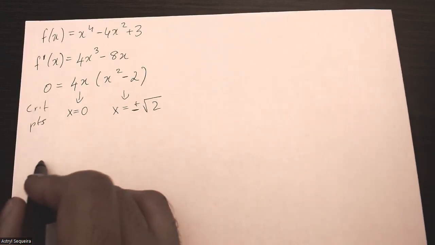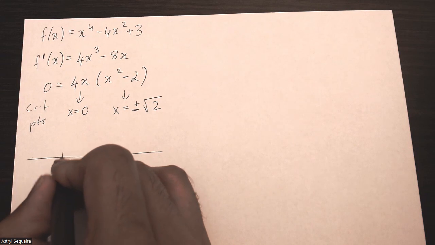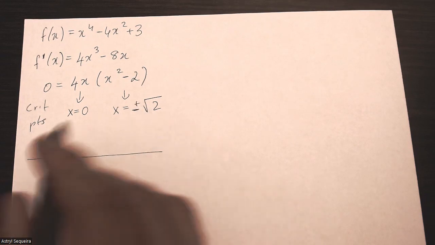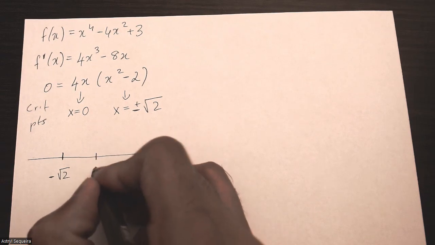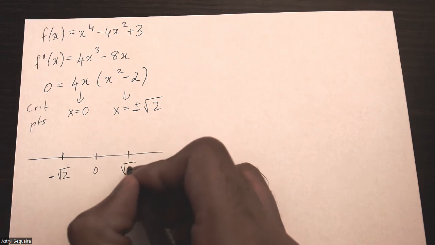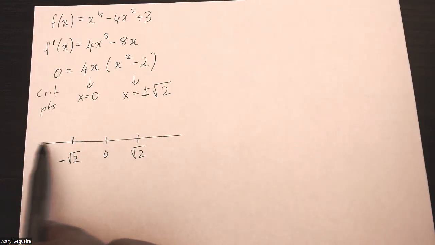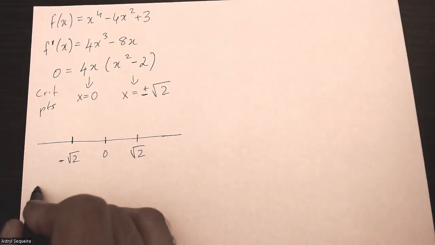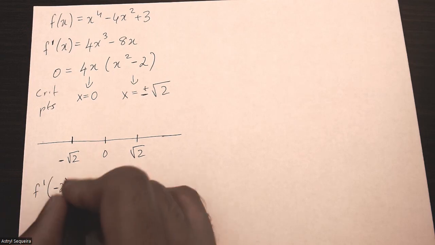I'm going to put them on my number line to classify them and then find my intervals of increase and decrease. The lowest one is negative root 2. Then I have 0. Then I have positive root 2. So I'll start by testing this range over here. I'll start with f prime of negative 2 because negative 2 is smaller than this.